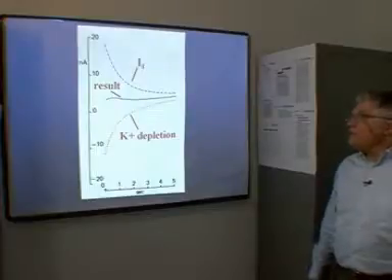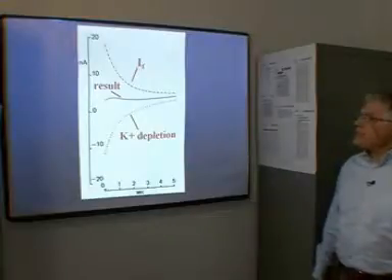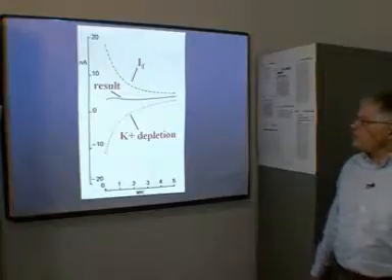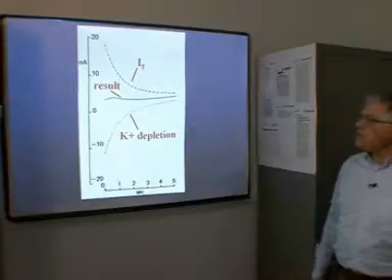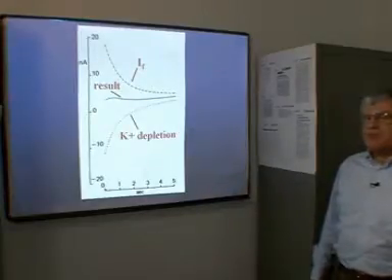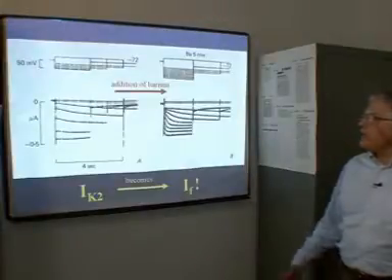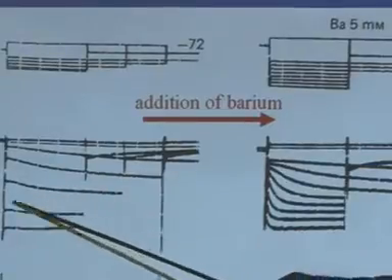So the illusion had been created by an artifact due to depletion of potassium ions from extracellular spaces during a voltage clamp recording of IK2 in Purkinje fibers, creating a fake reversal near the expected equilibrium potential for a potassium current.